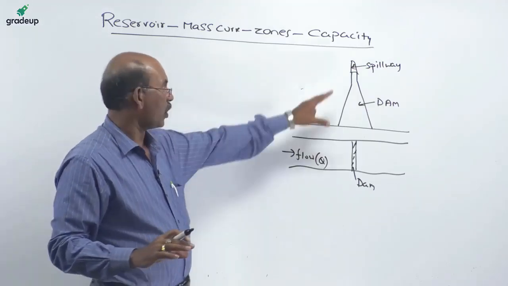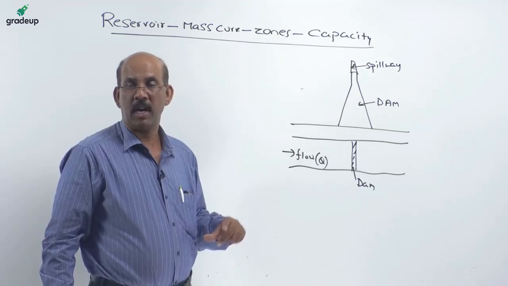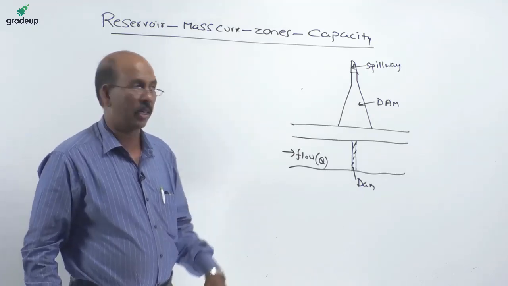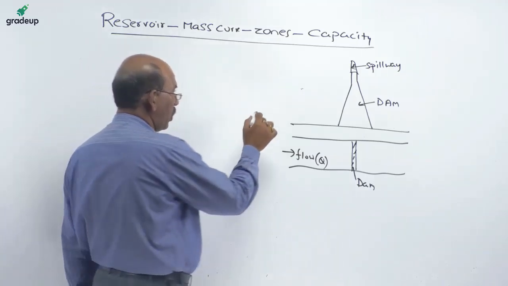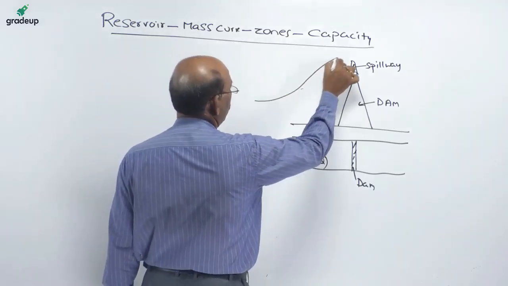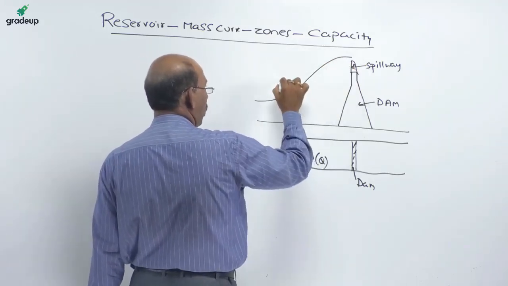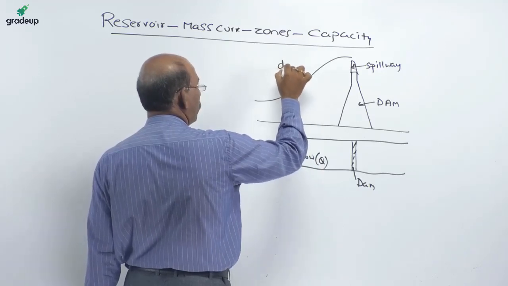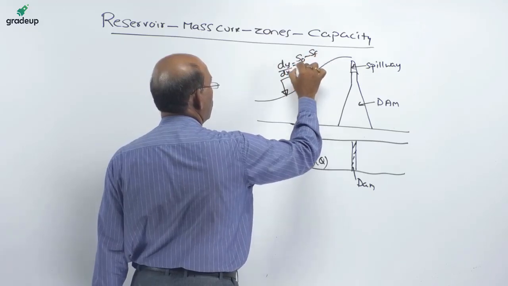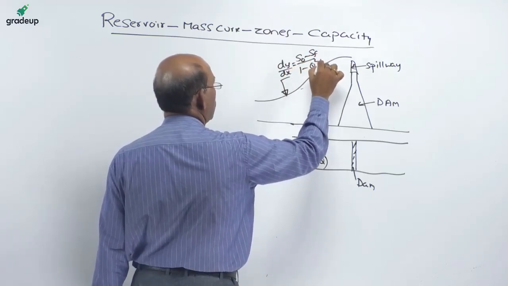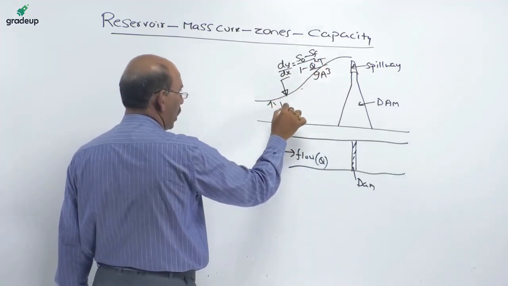Before we go to the structural analysis part of this structure and the hydrological part, as a result of this obstruction there is a gradual rise in the water level, and this we call the backwater curve: dy by dx equals S naught minus Sf divided by 1 minus Q square T divided by g A cube.